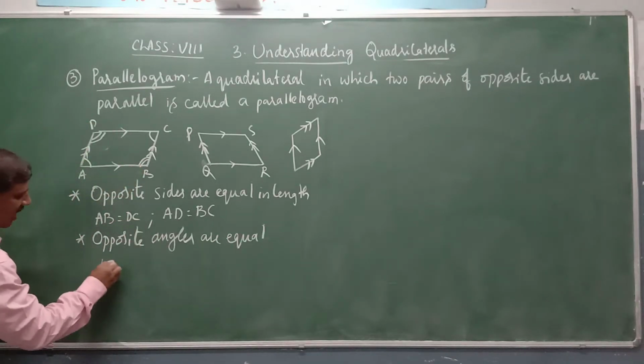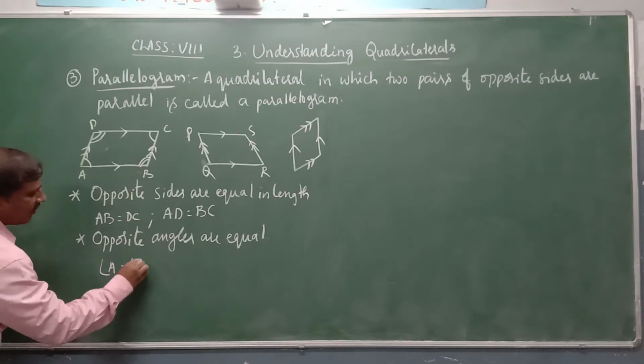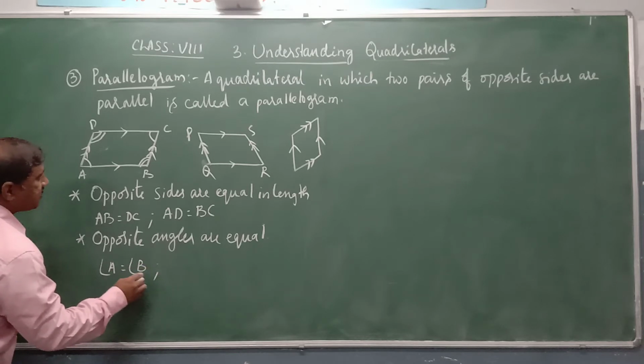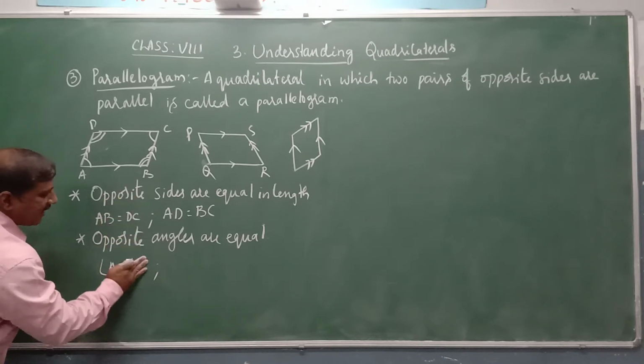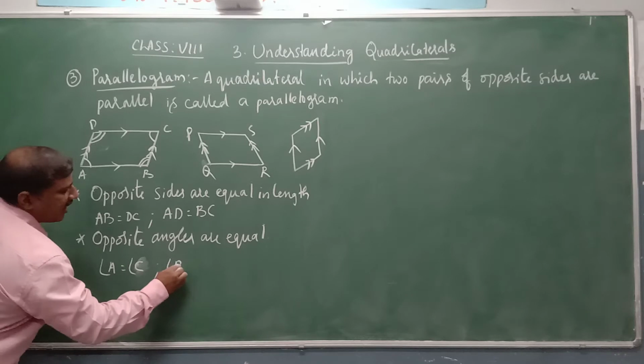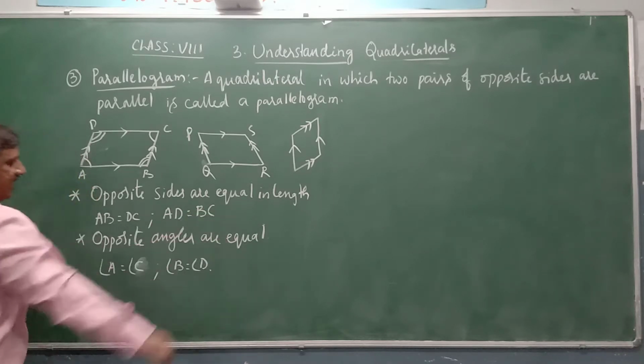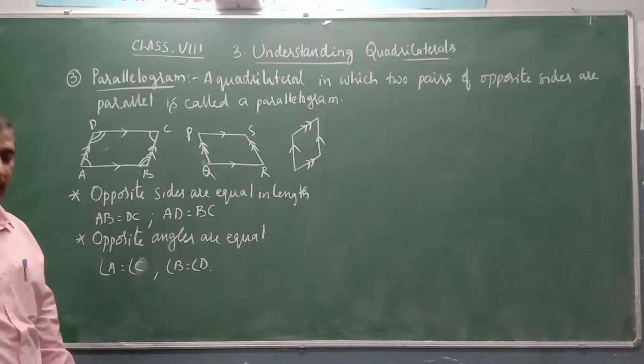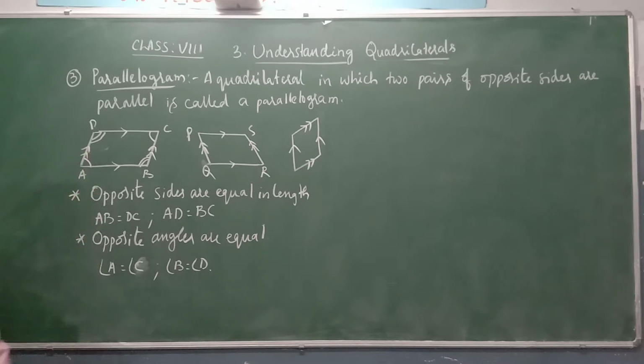That is, angle A is equal to angle C, and angle B is equal to angle D.